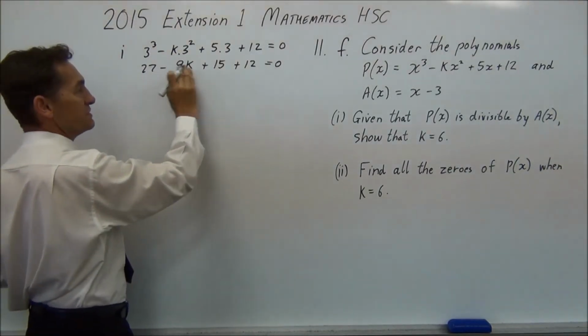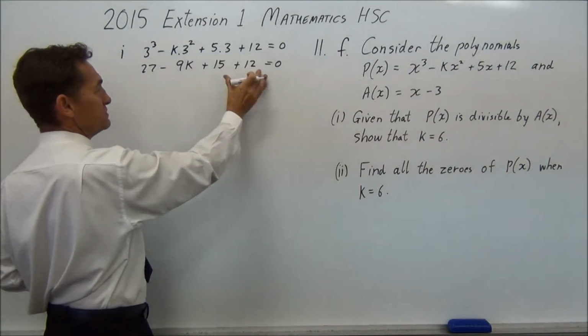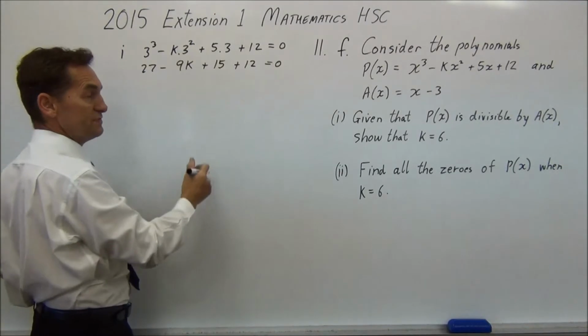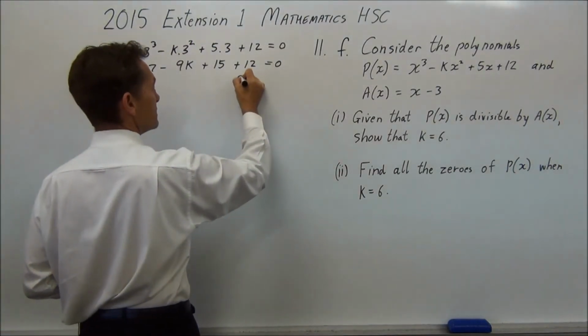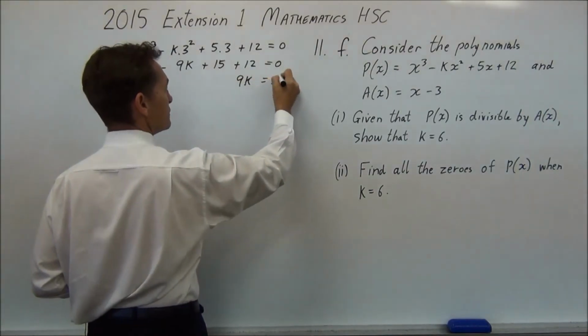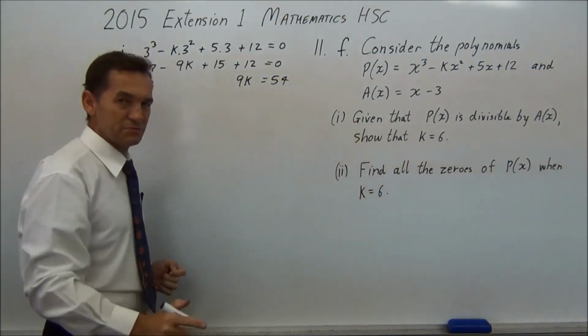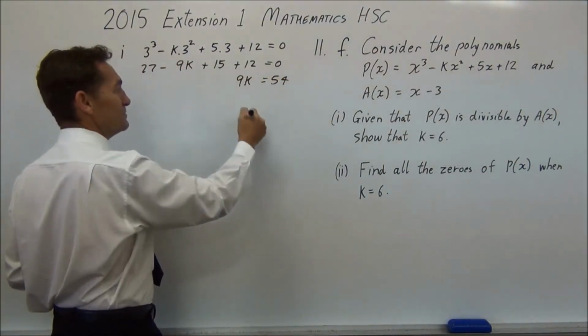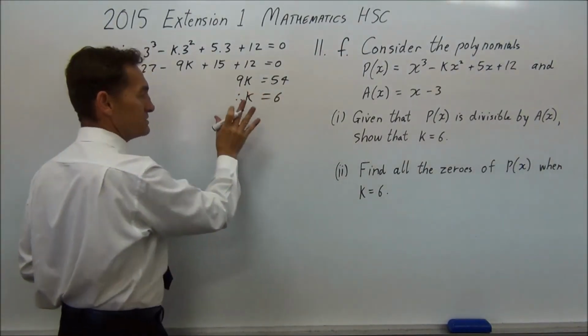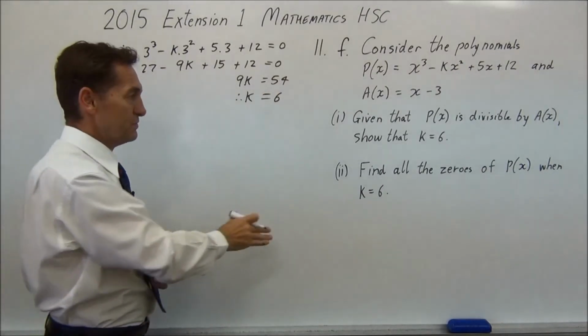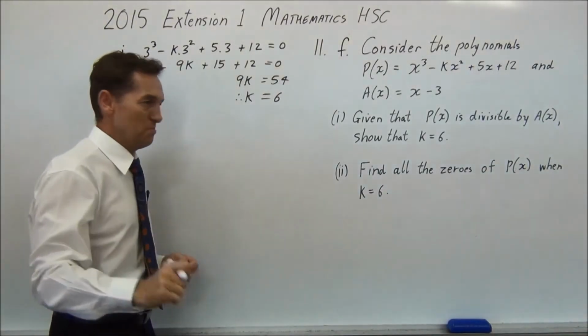So 27 plus 15 plus 12, well that's 27 plus 27 is 54. 54 is going to equal 9k. So we're going to have 9k equal to 54, and you should know your times tables by now. 54 divided by 9, so k equals 6. So that should be a pretty straightforward, easy 1 mark, I hope.